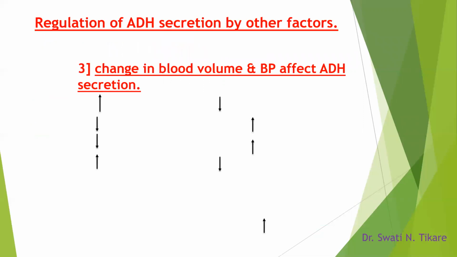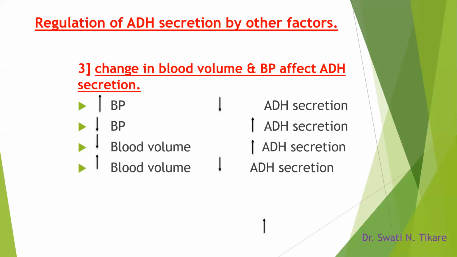So what are the other factors regulating ADH secretion? Now we can understand that blood volume and blood pressure will also affect ADH secretion. They have a reverse relationship. If blood pressure increases, ADH will decrease. If it decreases, ADH will increase.